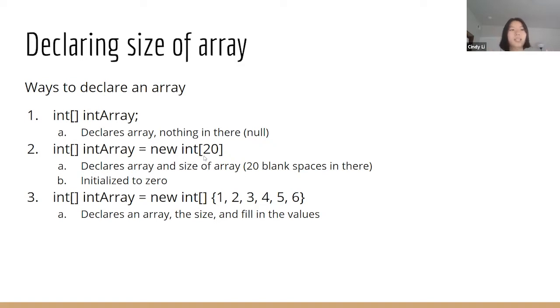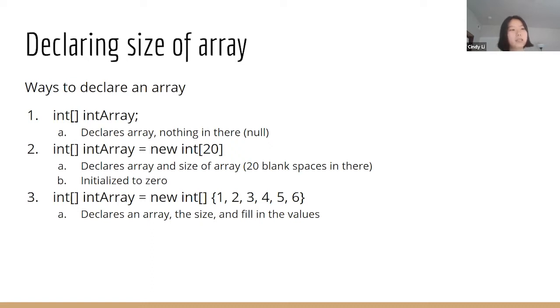Now, because you didn't say what goes into each slot, the slots are empty, but because you initialized it, you basically told the computer, here, I have an array of ints, and I want this array of ints that's called int array, the name, I want this int array to be 20 slots big. So the computer will be like, okay, I will make an int array with 20 empty slots. It's empty because you didn't put anything in there, but the computer knows now that this is 20.